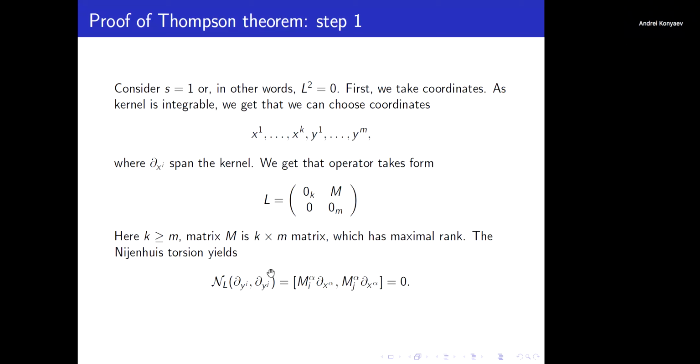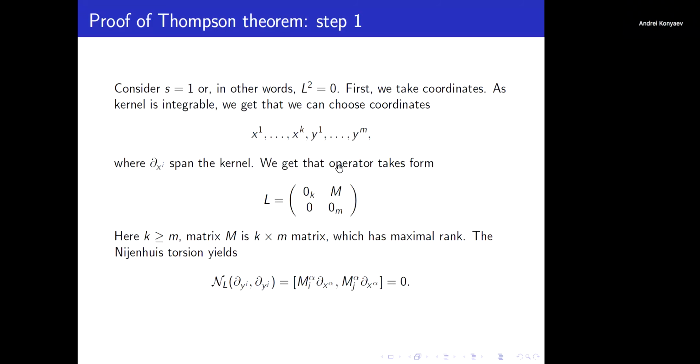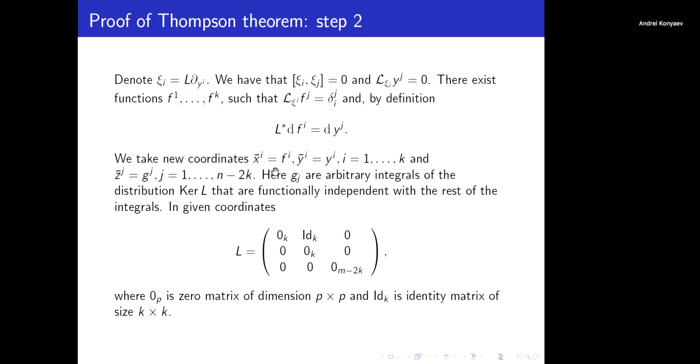So the vanishing of the Nijenhuis torsion in this case is equivalent to the vanishing of this single commutator. We denote those vector fields like this, psi i, right? Those psi's are basically the columns of this matrix M, right?